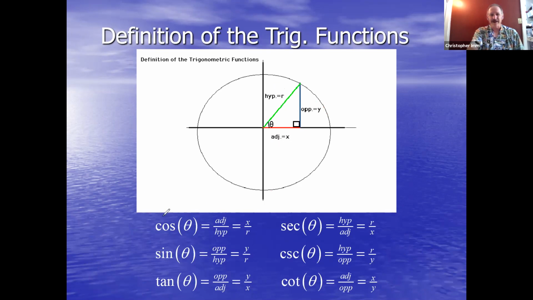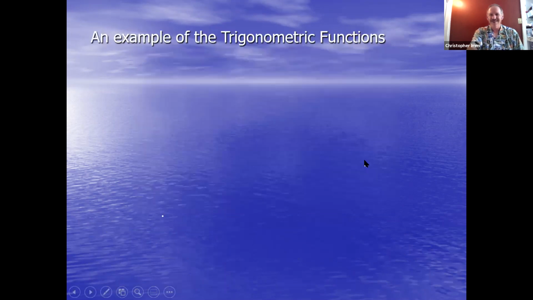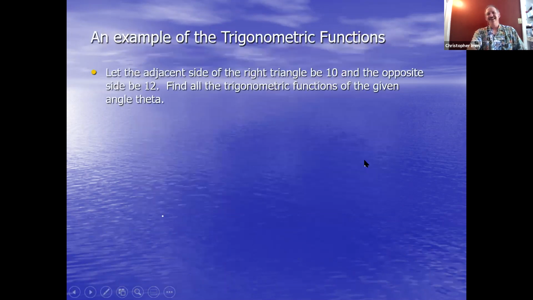Let's look at an example here. So this might seem familiar. Let's have the adjacent side of a right triangle be 10 and the opposite side be 12. And we have that angle theta. We can think of it in standard position. We want to find all the trig functions of that given angle theta.